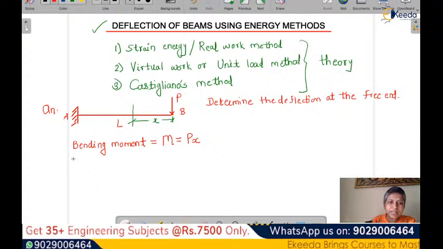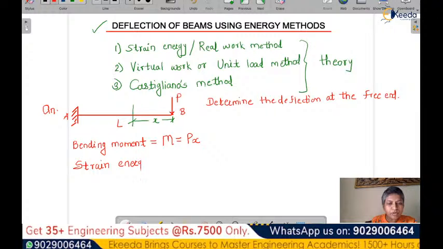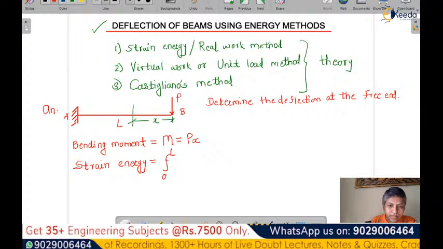Now let us use the strain energy formula. For how this formula came, you can revisit the lectures given in Ekeeda. Here strain energy is equal to the integral from 0 to L, full span we are considering, of M square dx by 2EI.